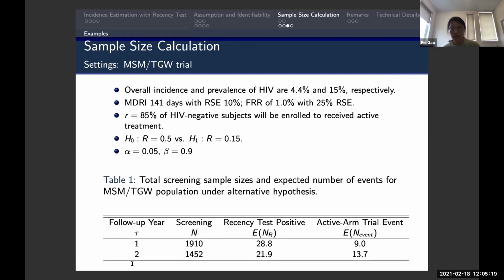If we would like to extend this follow-up time to 2 years, then we will screen a little less than 1,500 subjects, and we will see approximately 22 HIV recency test positive subjects and 14 trial events. So for this total screening of less than 2,000 subjects, that will be a sample size that's reasonable and easy to handle in designing this trial.